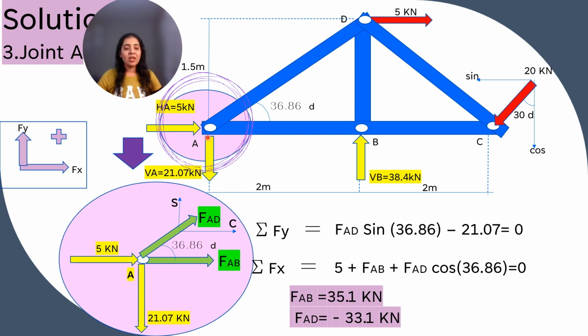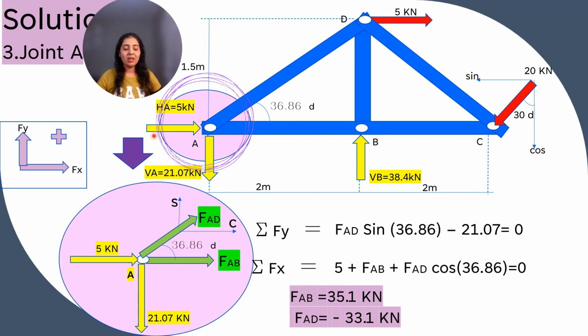At joint A, you can see that there are these two reactions and these two members. So we separated this joint and drew the FBD of joint A. Show the forces correctly with their directions.